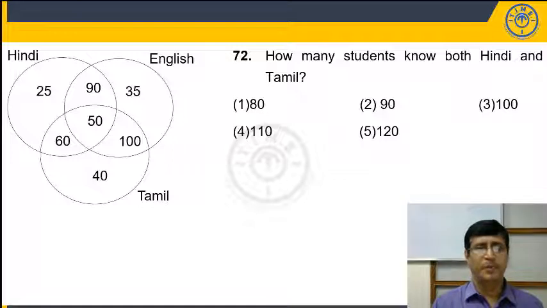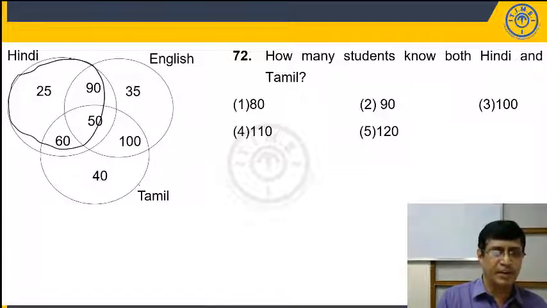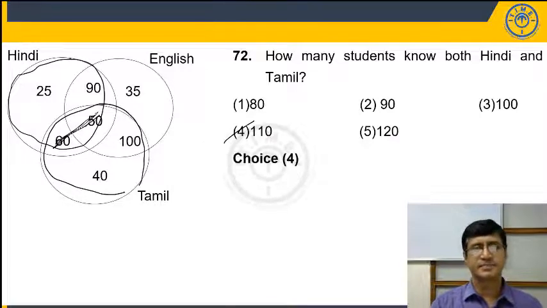Hindi and Tamil means the intersecting point of Hindi and the intersecting point of Tamil. So what is the common area? This is the common area. So 60 plus 50, how much is it? 110. Right choice, option number 4.